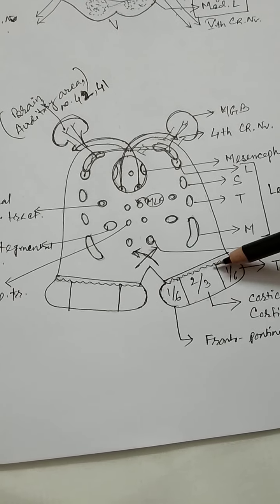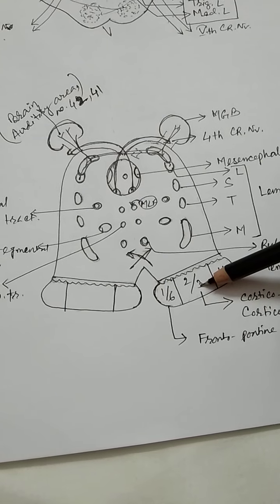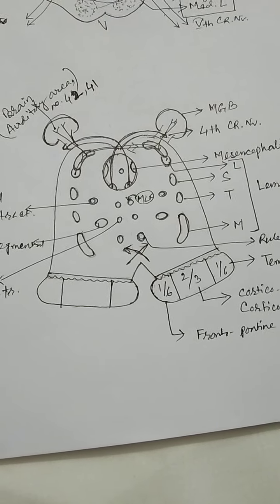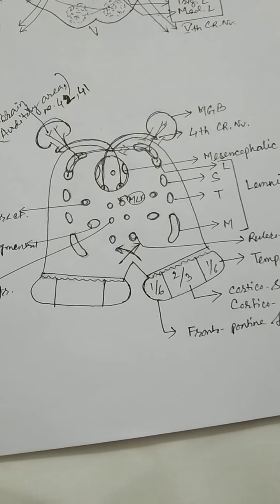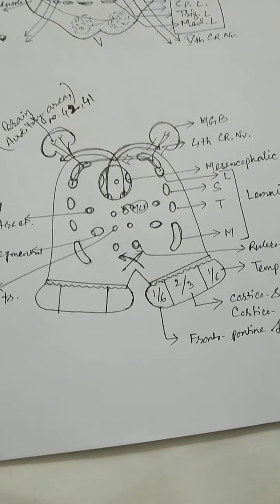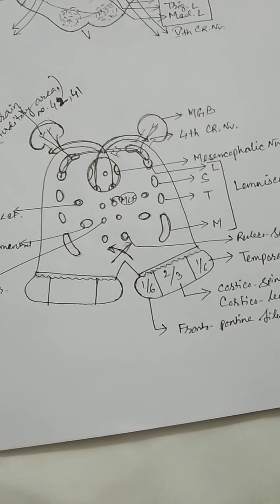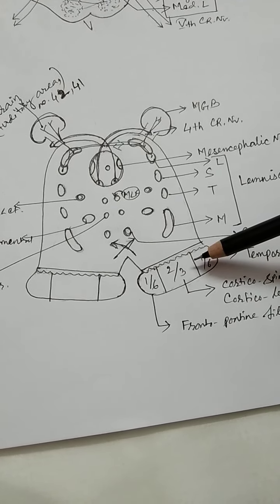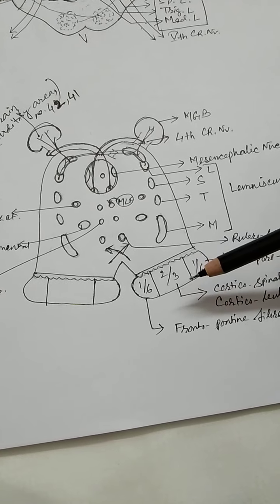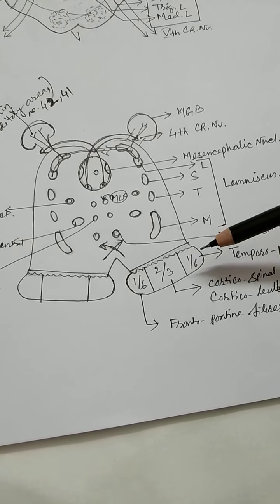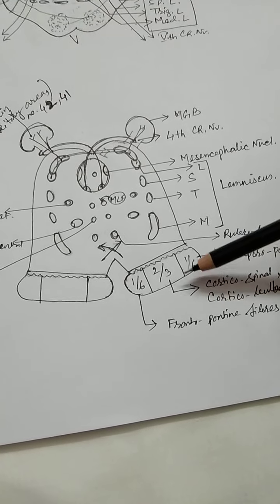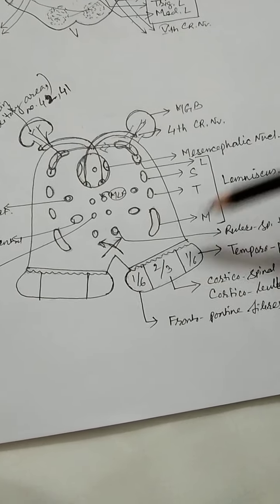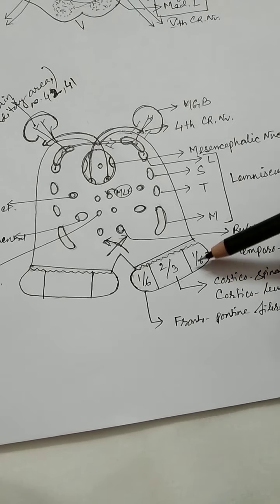Through the intermediate 2/3 portion pass the corticobulbar fibers, the corticopontocerebellar fibers, and the second fibers, going from the cerebral cortex to the spinal cord, called the corticospinal or pyramidal fibers.